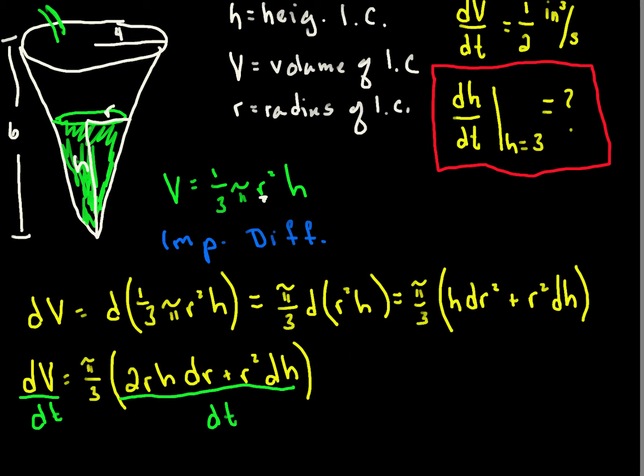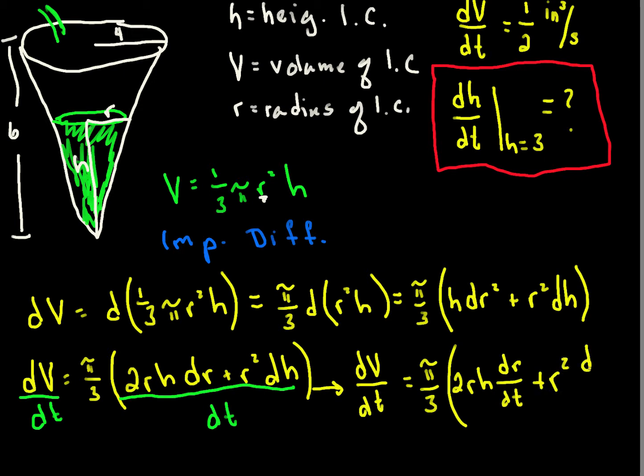And so I get that dV/dt is equal to pi over 3 times the quantity 2rh dr/dt plus r squared dh/dt.